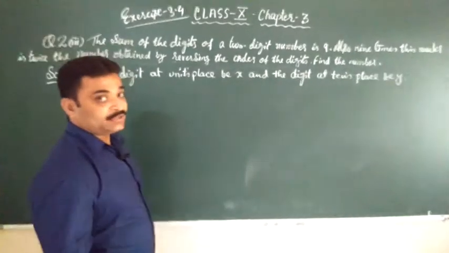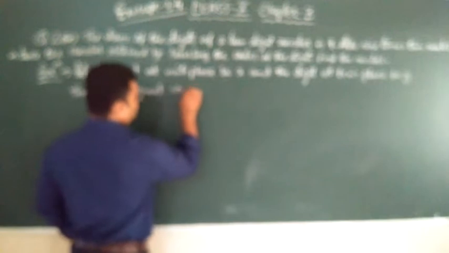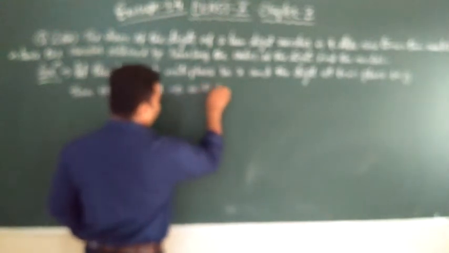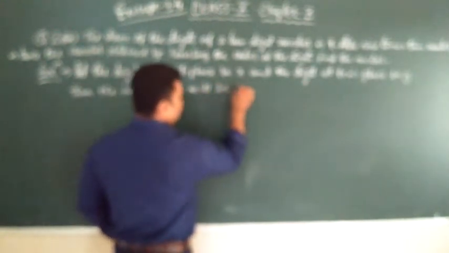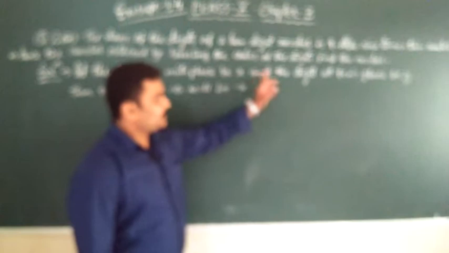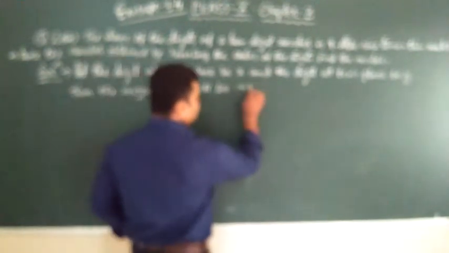Then our original number will be, if the units place is x and the tens place is y, 10y plus x.